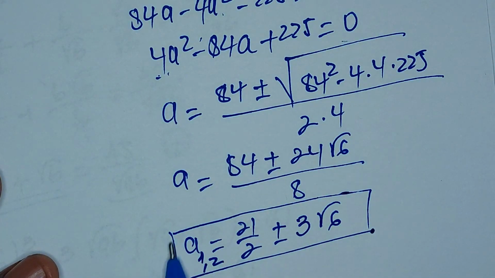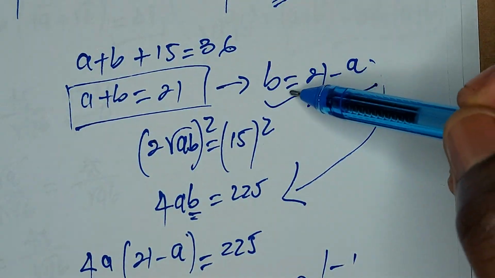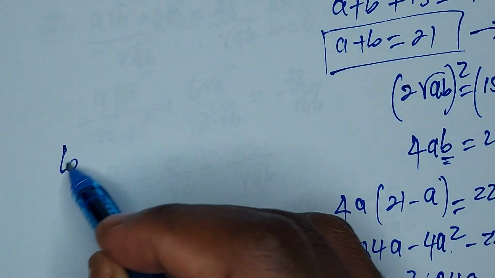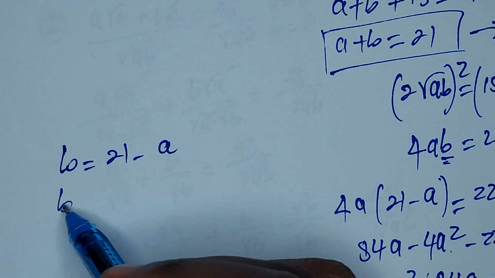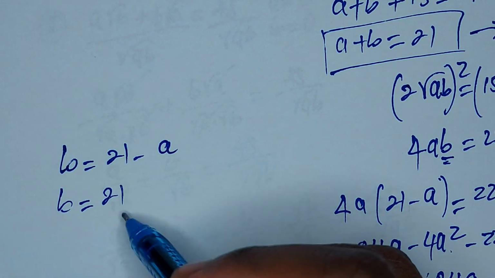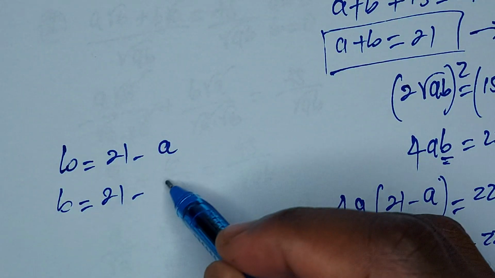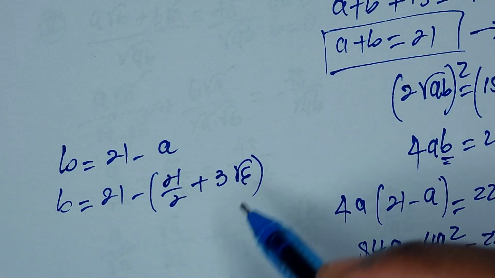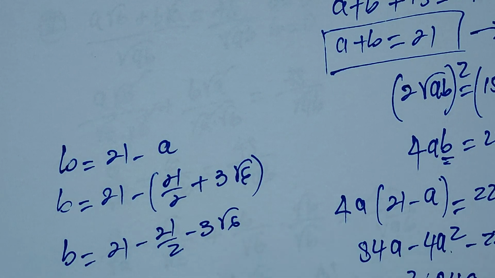And if we pick the same value here and we replace the values of A in this equation, we have that B is equal to 21 minus A. Well, so B is going to be equal to 21 minus, if we put the first value of A, which is 21 divided by 2 plus 3 square root of 6, we're going to have B equals 21 minus 21 over 2 minus 3 square root of 6.